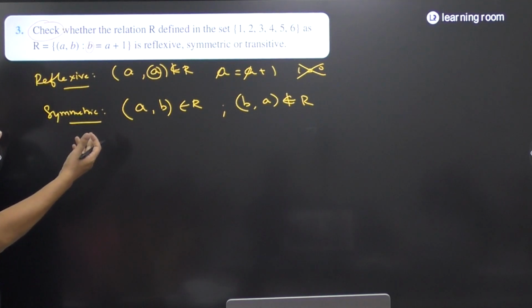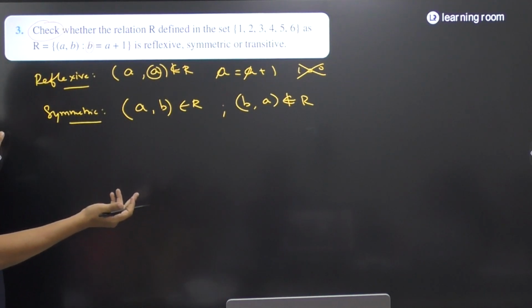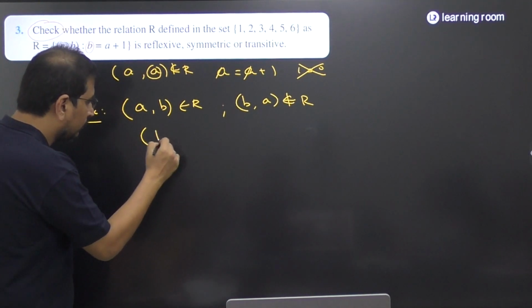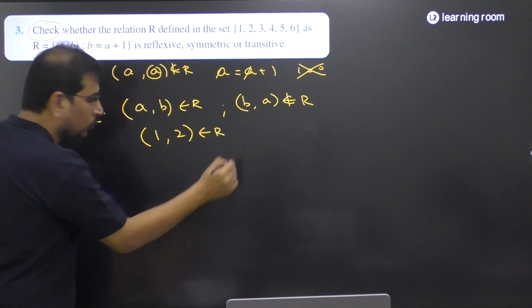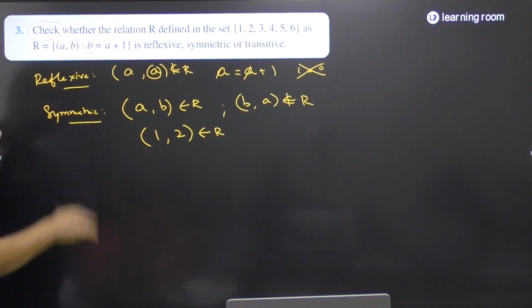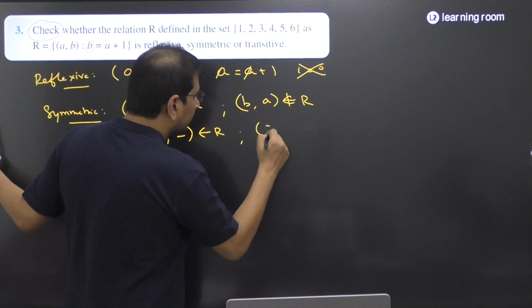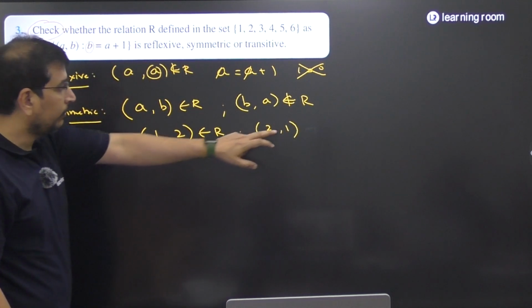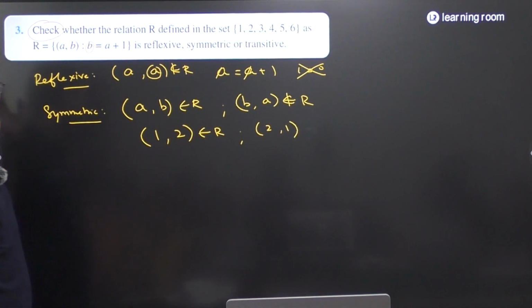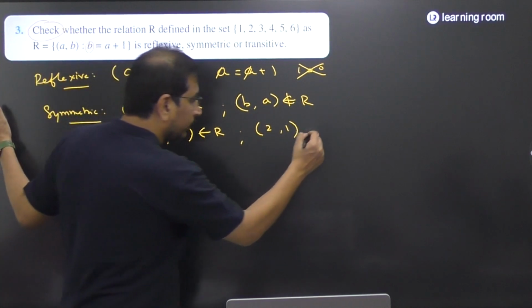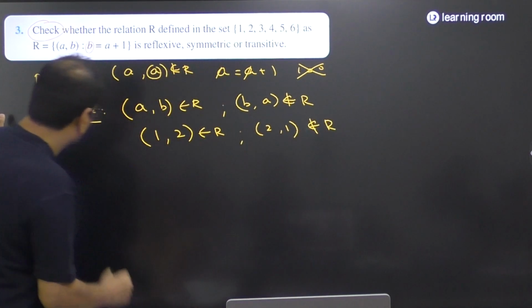If at all you are not able to understand this, you can take numbers. So shall we take (1, 2) belongs to R. Does it satisfy? (1, 2) satisfies. So (2, 1): if I put 1 here, this is 2 plus 1, you will get 1 is equal to 3. That does not satisfy. So what about transitive?